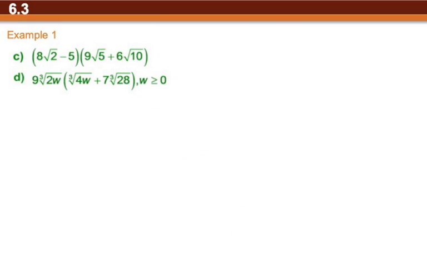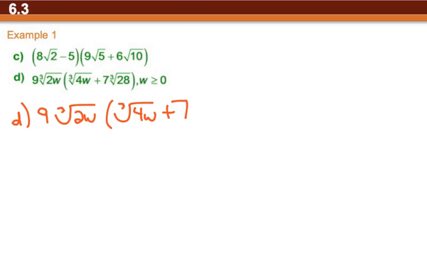Clear this off for example D. D is actually quite similar to B in the fact that we have to distribute out. What does change though is we have cube roots.